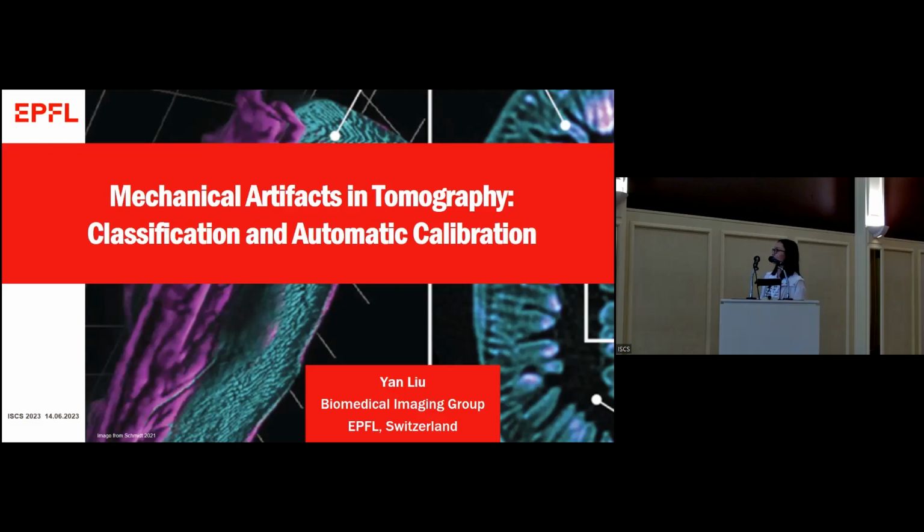In my work, we focus on mechanical artifacts in tomography, because sometimes in the reconstruction images, you can see different types of artifacts, in particular due to mechanical errors in the imaging system. So what we want to do is to help the experimentalists identify the cause of these artifacts and help them model the system and eventually design computational tools to remove these artifacts.